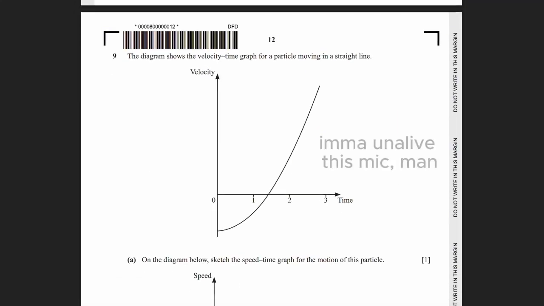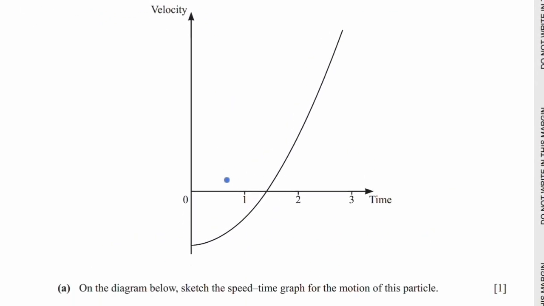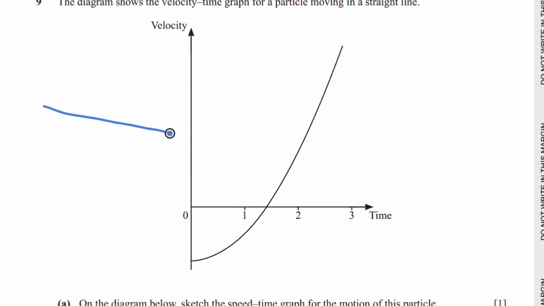Next question. The diagram shows the velocity time graph for a particle moving in a straight line. Okay, so this is a straight line and the particle, suppose it starts from here, its velocity is negative. So the right side is positive velocity and the left side is negative velocity.